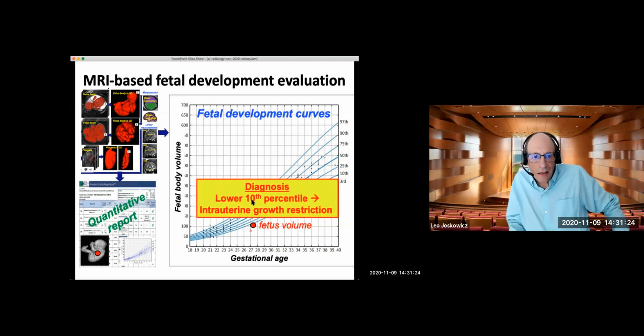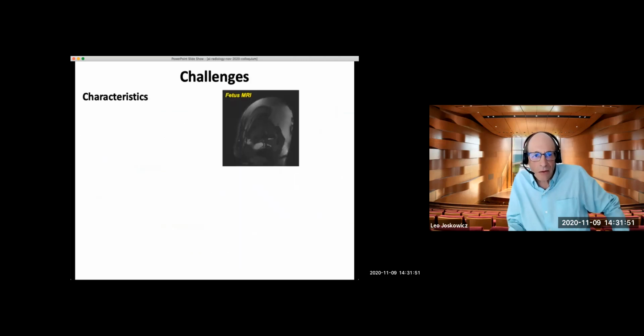In this case, it is in the lower 10 percentile, so there is a growth restriction of the fetus, and then a treatment can be applied. So the goal is to automatically generate this quantitative report, so that the evaluation can be done in a precise way. And the second goal is to develop these fetal development curves from MRI measurements, which are non-existent nowadays.